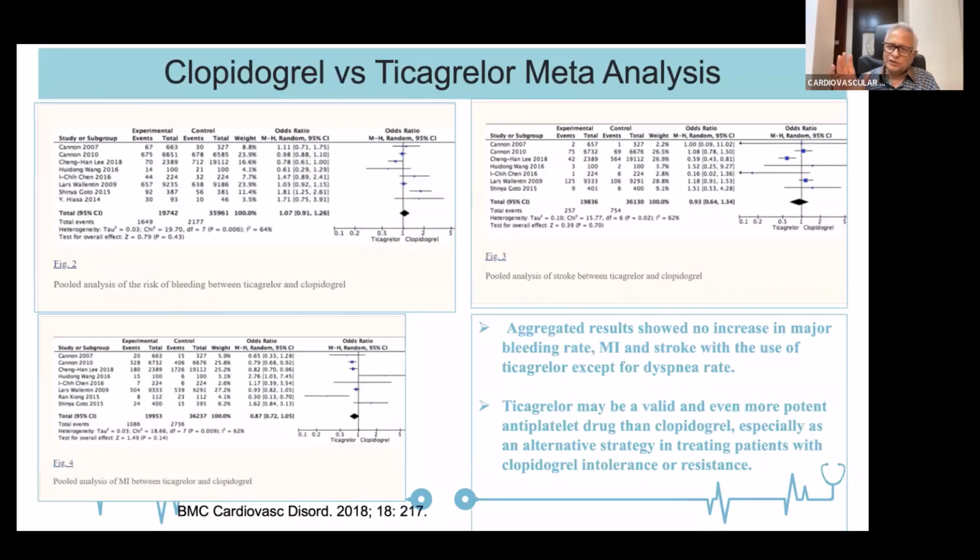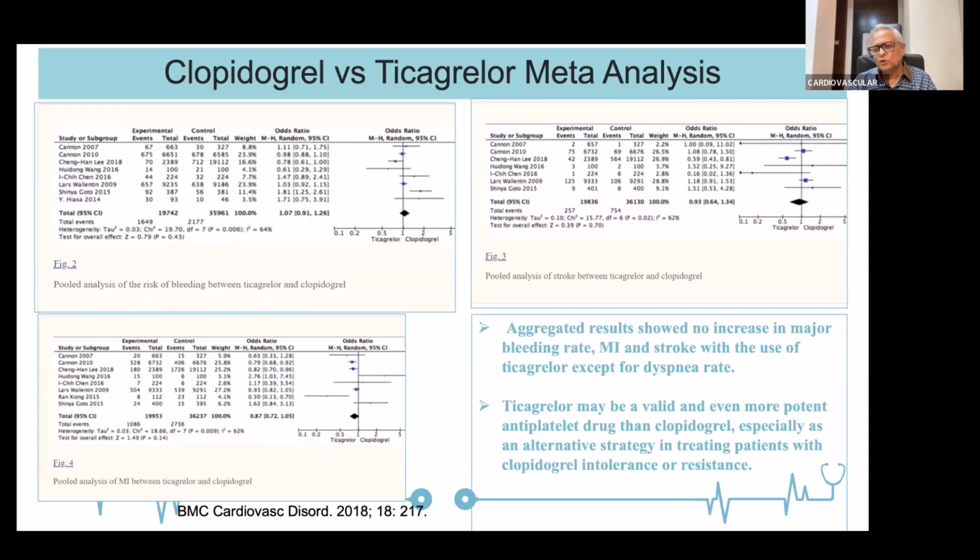Ticagrelor and prasugrel results are almost identical. A meta-analysis has been done, and the aggregated results showed no increase in major bleeding risk using ticagrelor, and ticagrelor may be an even more potent antiplatelet drug than clopidogrel, especially as an alternative strategy in treating patients with clopidogrel intolerance.